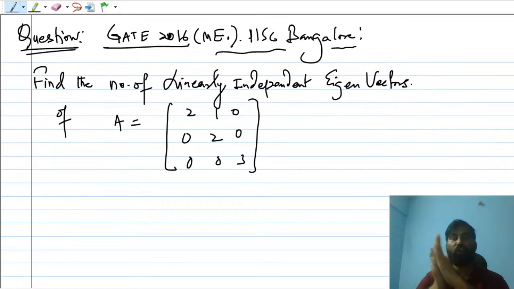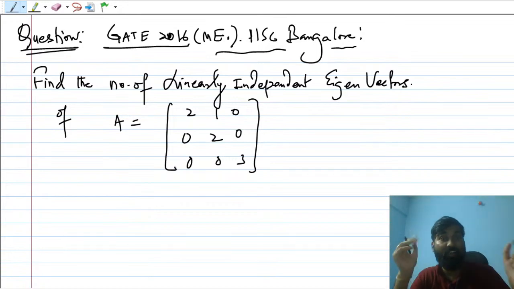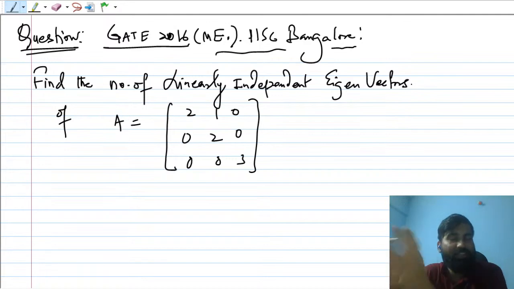We always focus on how to find the eigenvalues of a 3 by 3 matrix. Don't worry, guys. In the GATE examination, they will give you a matrix whose solution will be very easy. I mean, anybody can handle that. Even if you don't know how to solve a cubic equation, in the exam you don't have that much time to solve it anyway.